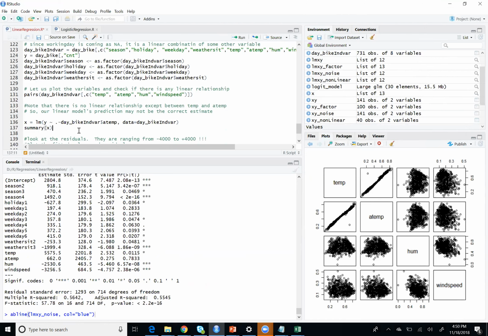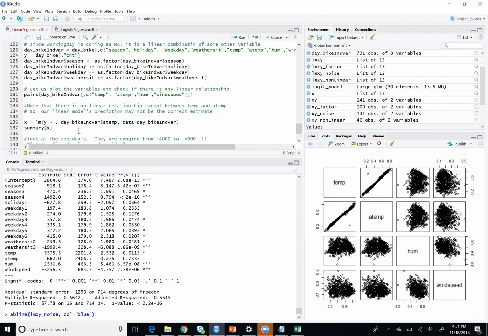So I think, is this clear? This is, I think, the crux of linear regression, how to predict it using R, the case study of biking data, and also how you deal with categorical variables and continuous variables.